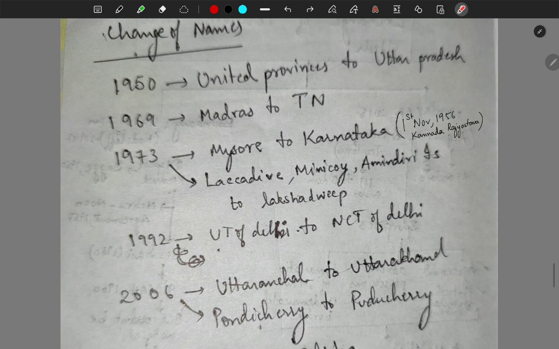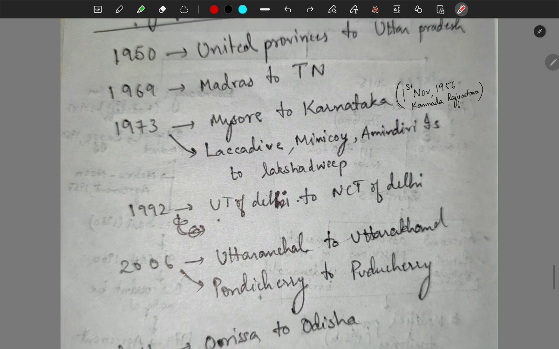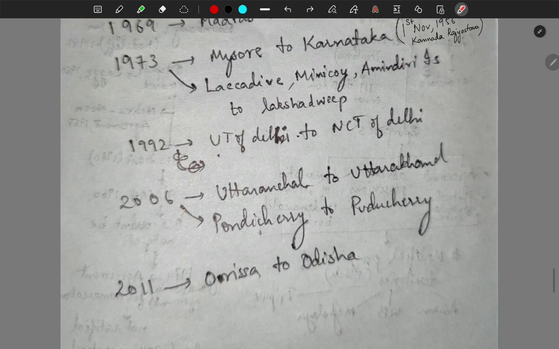Then Lakshadweep, Minicoy and Amindivi Islands were renamed Lakshadweep in 1973. In 1992, the Union Territory of Delhi was renamed NCT of Delhi. Then in 2006, Uttaranchal to Uttarakhand, Pondicherry to Puducherry, and in 2011, Orissa to Odisha.